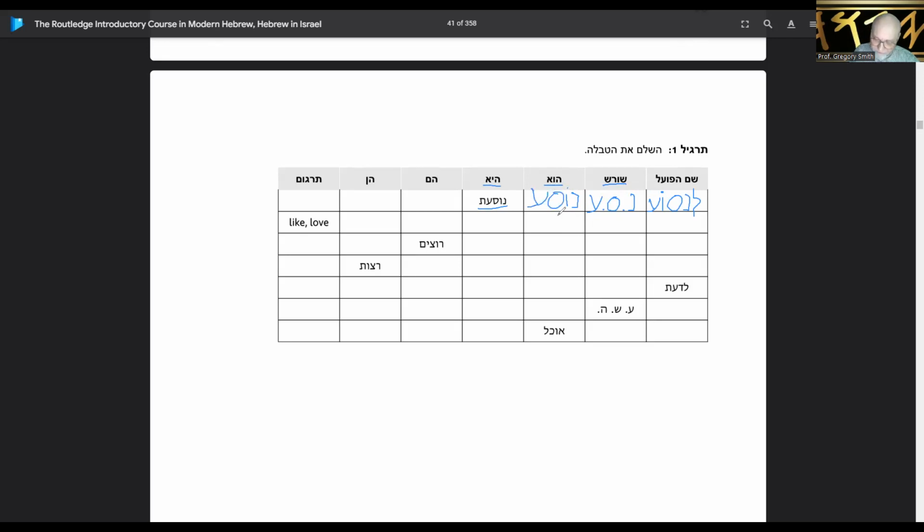And if you were to see the vowel pointing on this, you would have a segol underneath the samech and a patach underneath the ayin. Okay, so then what about the masculine plural sense of traveling via conveyance? In that case, we would have nos'im, nos'im.